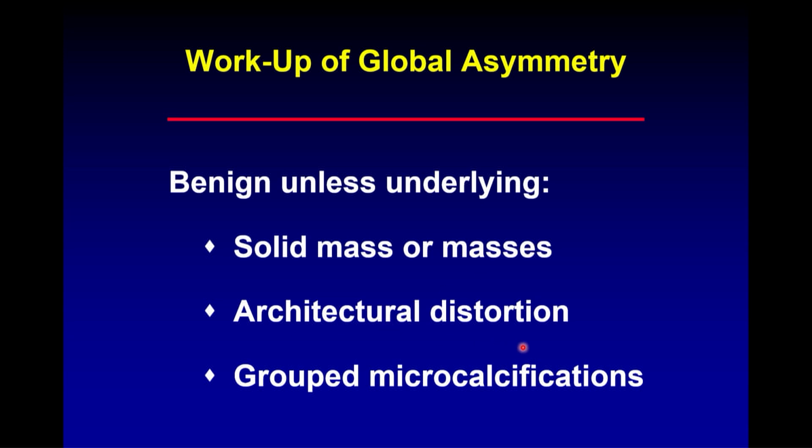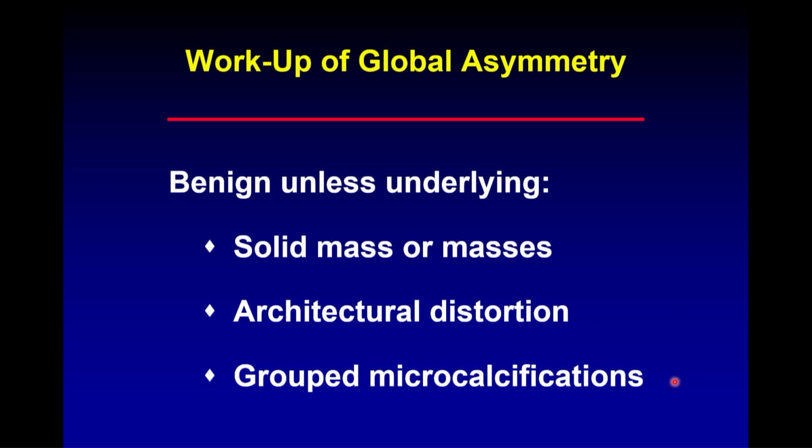You're also looking for architectural distortion, because if there's architectural distortion within the global asymmetry that you didn't appreciate on the screening mammogram, you may well be able to appreciate it either with additional diagnostic mammography or tomo or ultrasound or whatever. You're going to do the workup.